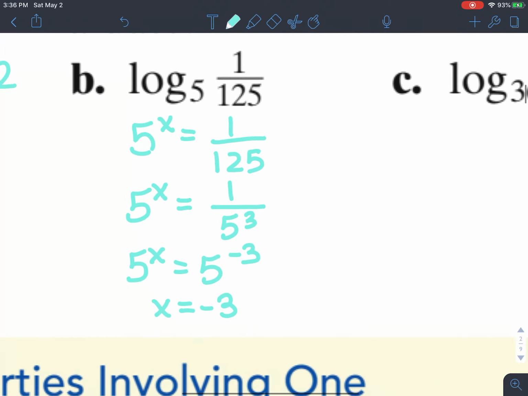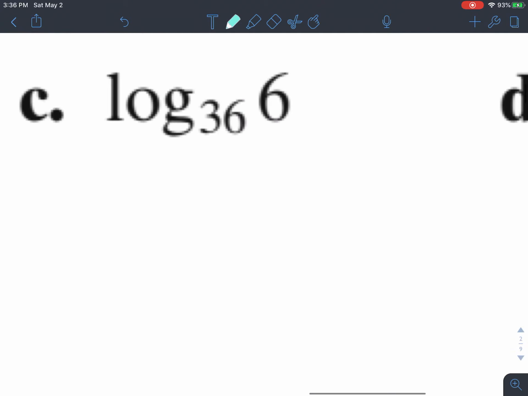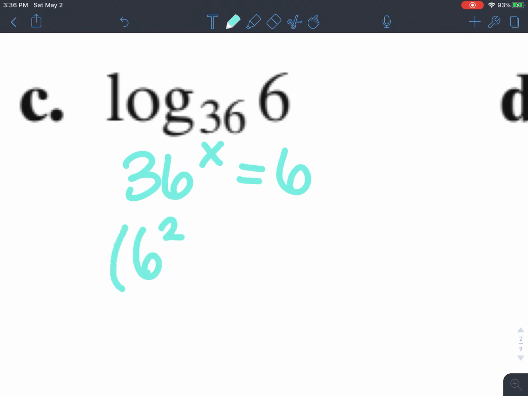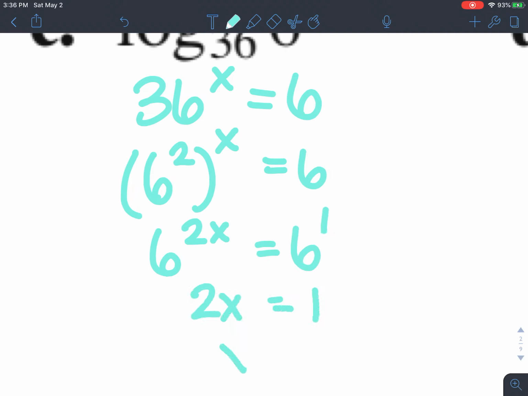So the value of this log is negative 3. Okay. 36 to the x equals 6. We can make 36 into 6 squared, which is the same as 6 to the 2x equals 6 to the 1. So 2x equals 1 and x equals 1/2.